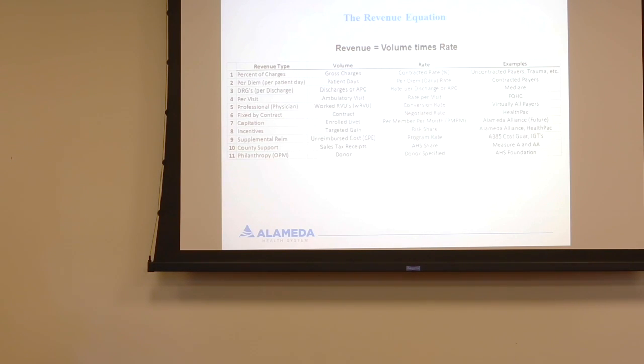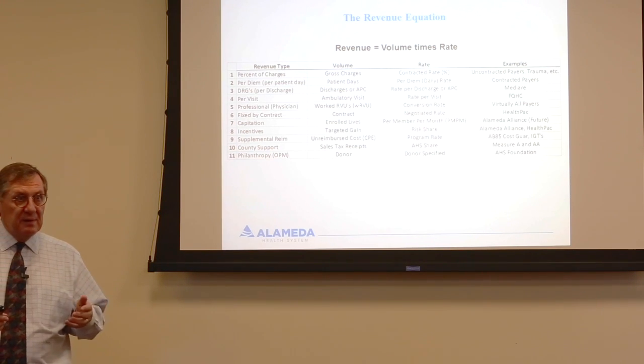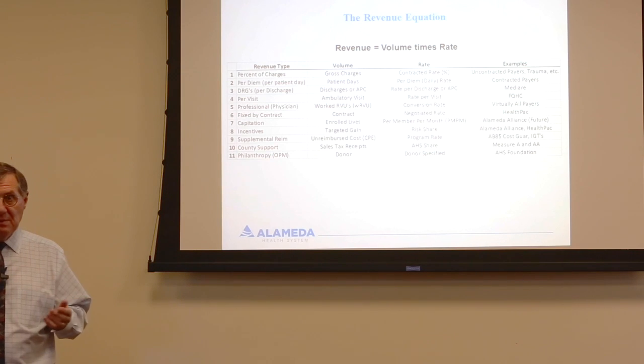What about physicians? How do they get paid? They get paid on something called work RVUs, relative value unit. That's very similar to a DRG, except it's for physicians. And what they do there is they look at the types of things that a physician will do, and they have a coding system, like a 99211 is a basic primary care visit.